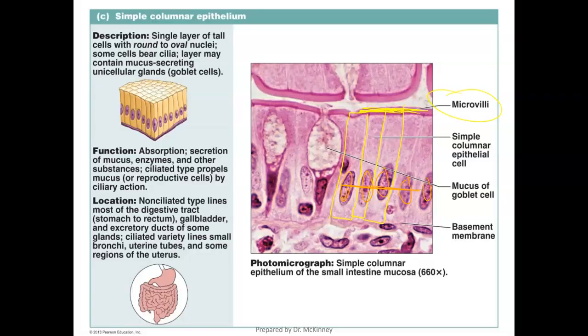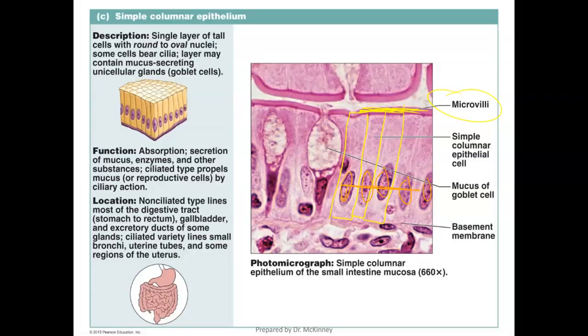So the location of simple columnar, you have non-ciliated types, so they don't have cilia or microvilli on the top. You see non-ciliated in the stomach and in the rectum. We don't have cilia in the intestines, non-ciliated, but they do have microvilli. So the microvilli are like these extensions of the plasma membrane, a little bit different than cilia.